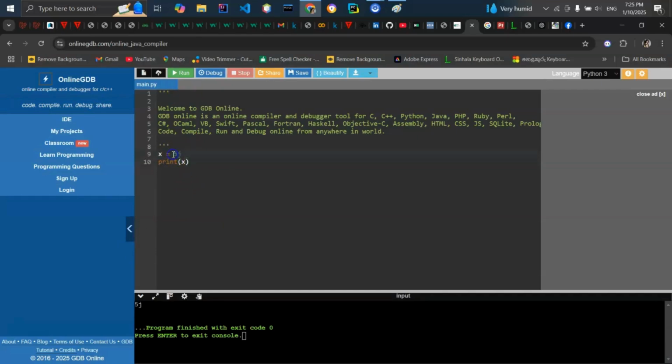As well as if you want to specify your variable as a complex number, you should use the complex keyword. You can get your data types using the type function. See, your data type is complex number.